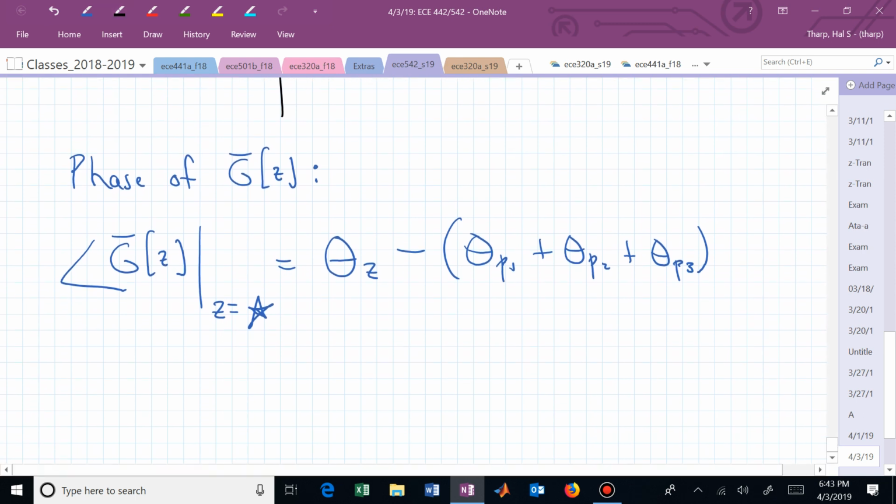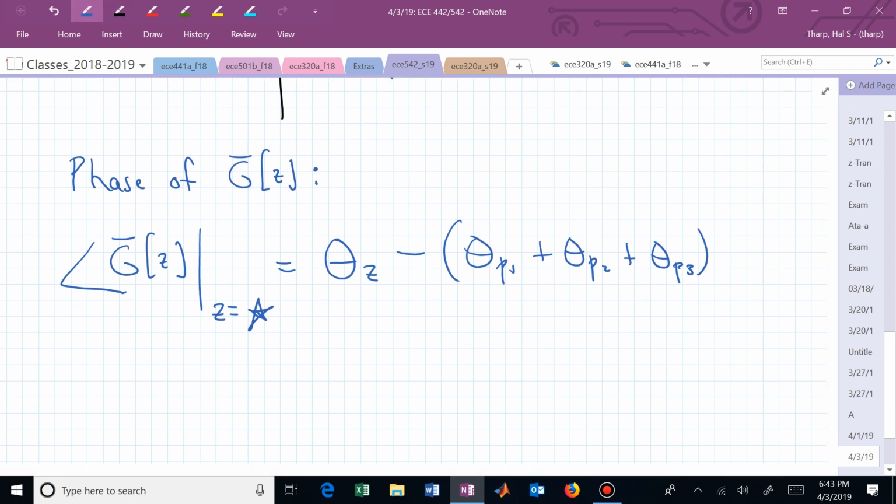So now I just ask you to compute the phase of that collection of poles and zeros.